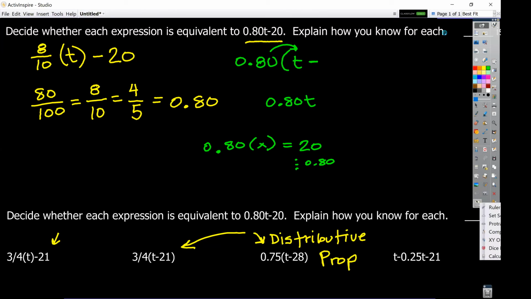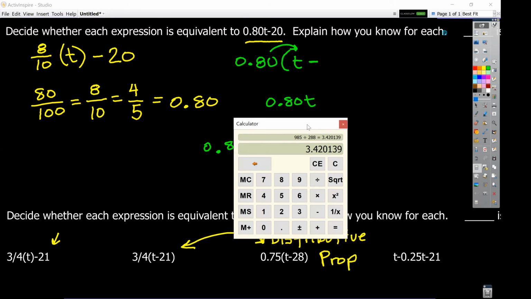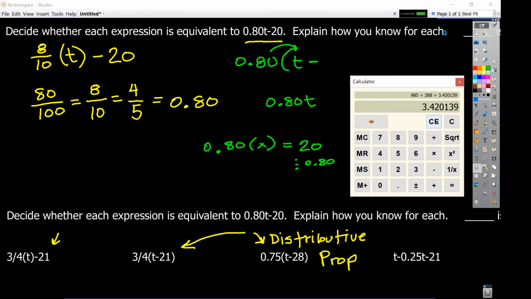And I'm going to pull out a calculator here and check this. Okay, so 20 divided by 0.80 equals 25.